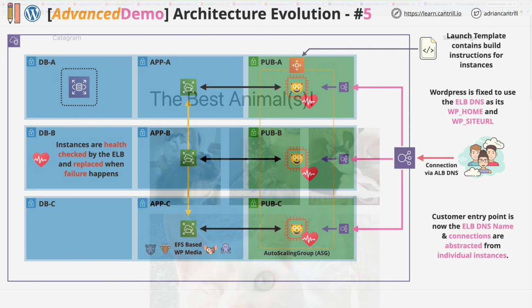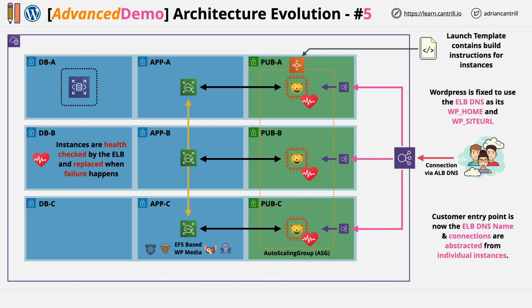Now at this point you've completed everything required for stage 5 of this advanced demo series. You've actually now implemented a fully scalable, elastic, self-healing architecture. You've removed all of the limitations of WordPress. You've split the application and database into separate pieces of compute. You've moved the data into an RDS instance.